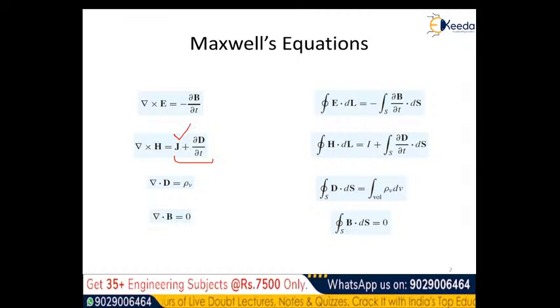First one is the conduction current density J bar, and second one is the displacement current density that can be denoted by del D by del t. Because of the rotational operation, the curl operation, these are the two equations. The first one concerns the rotation of the electric field intensity, whereas here it concerns the rotation of the magnetic field intensity.